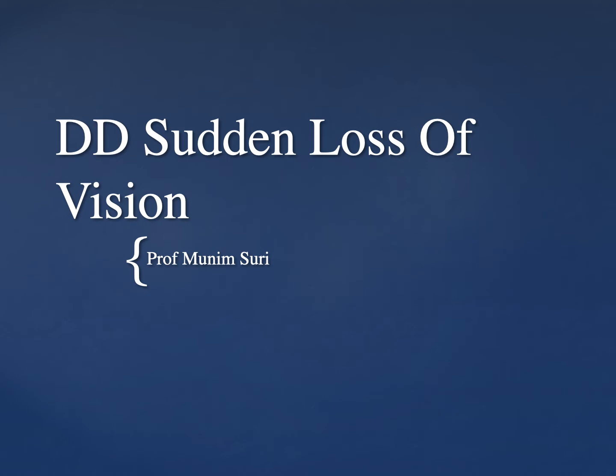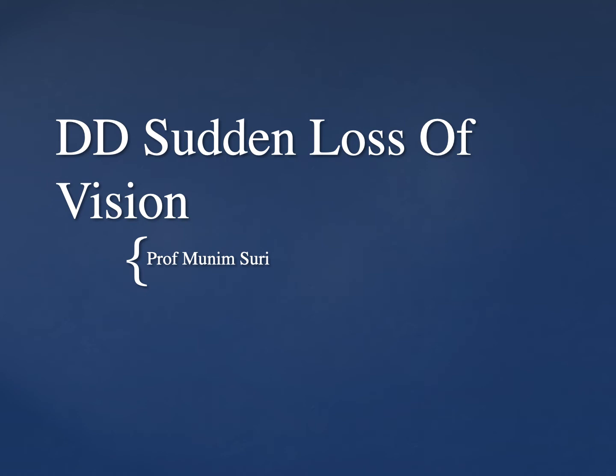The main thing is that this patient is at risk of dying from CVA or MI. So this patient should be diagnosed urgently, and in addition to the management of the eye, he should be referred to a cardiovascular physician and a neurophysician.